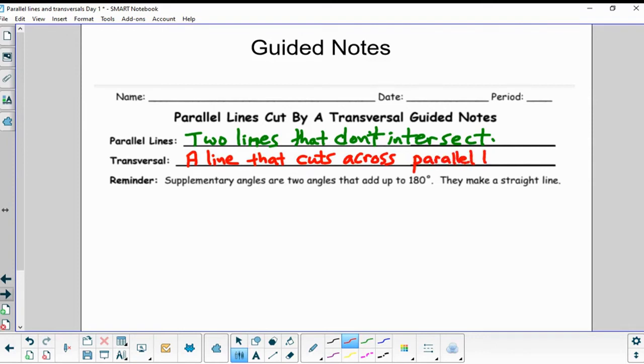So a line that cuts across parallel lines is called a transversal. Just a reminder, supplementary angles are 2 angles that add up to 180 degrees, and you see a lot of those in the relationships between parallel lines and transversals.